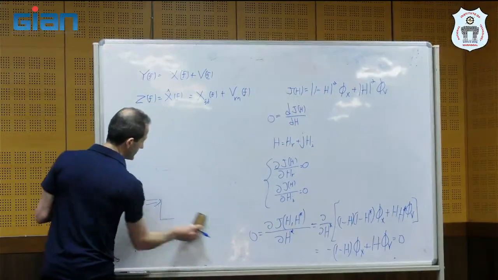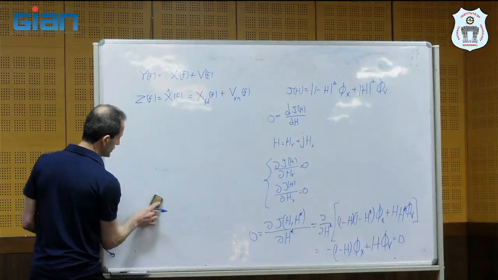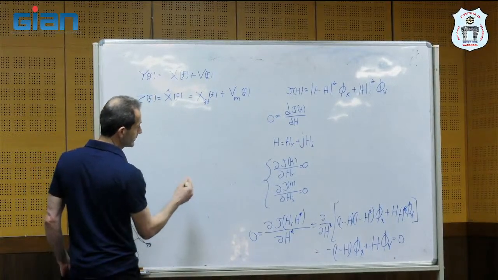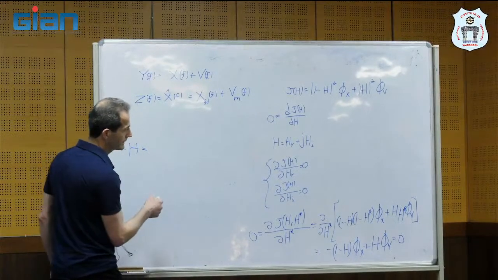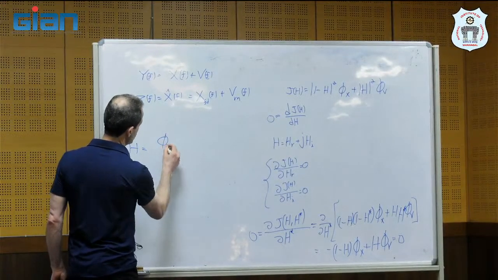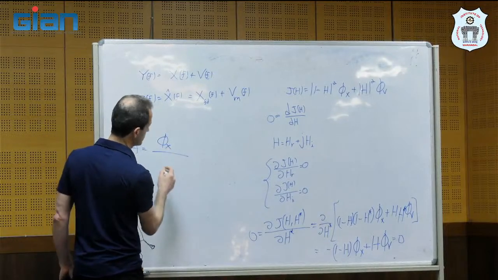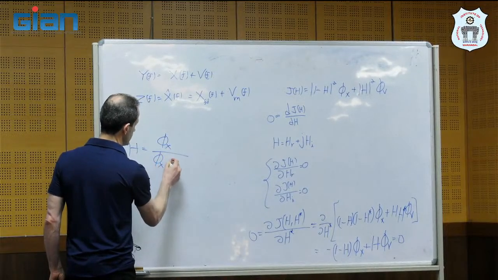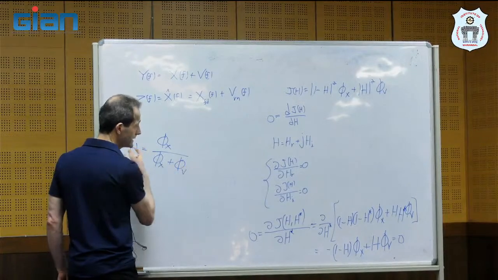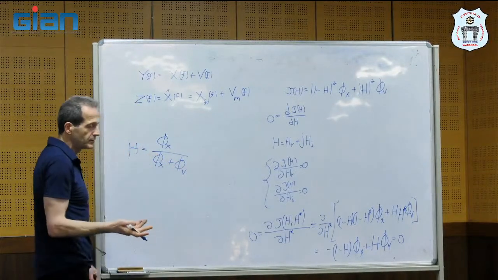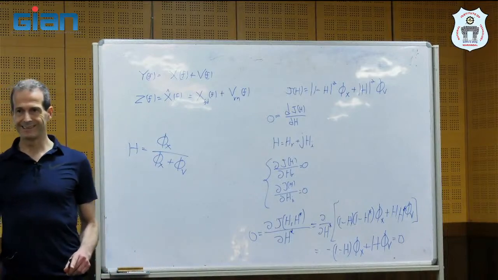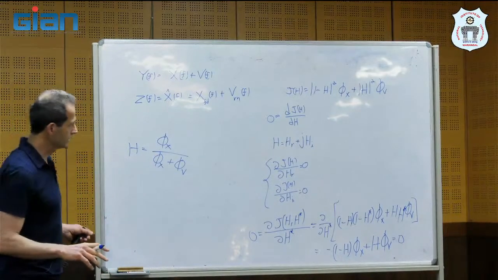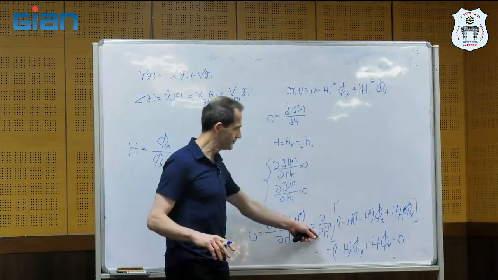Very easy, and remember that generally it's complex, but here for this problem I get a real number. So we get h equals phi x divided by phi x plus phi v, which in this case is a real number, but I didn't make that assumption. I just found the derivative and equated it to 0.